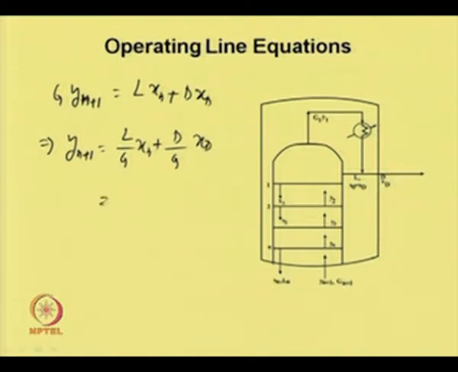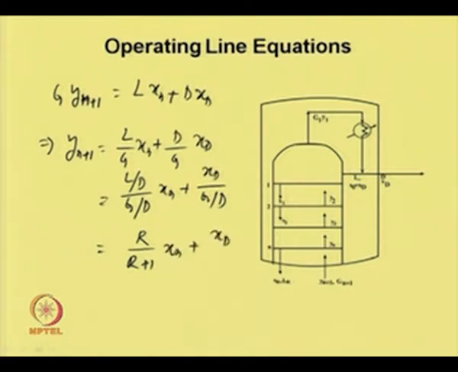So, we can write L by D divided by G by D into x n plus x d by G by D. So, this is equal to R by R plus 1 x n plus x d by R plus 1.